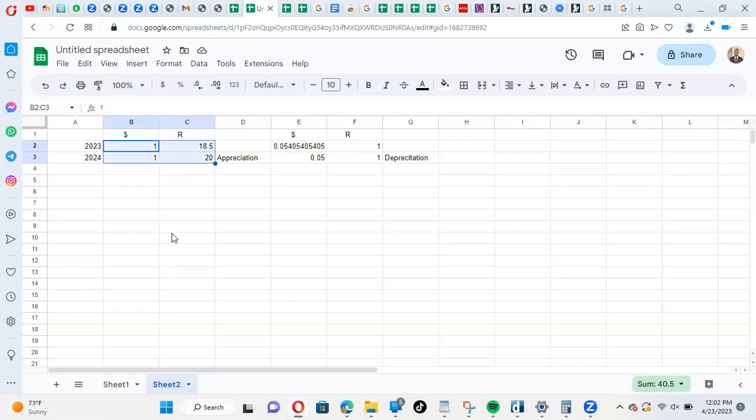Your daughter or your son can give you a situation like this, and they ask you, oh, how good is the rand doing? You don't have to pull out your pocket calculator or your phone to punch this in. You can basically analyze it from here. From the given data, there's an appreciation there, so that should mean the rand is depreciating.